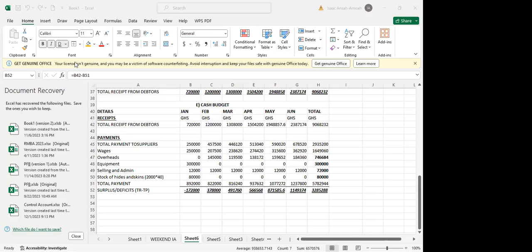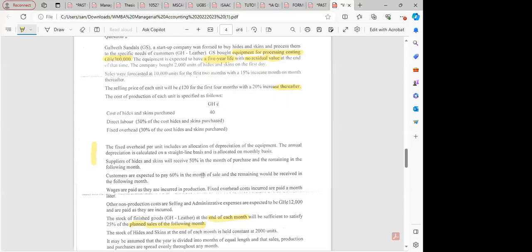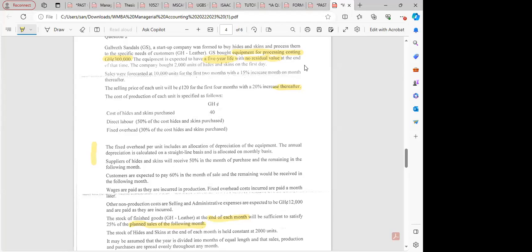Yes, in the question, they said the stock of hides and skins at the end of each month is held constant at 2,000 units.